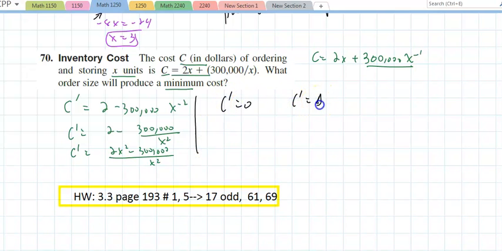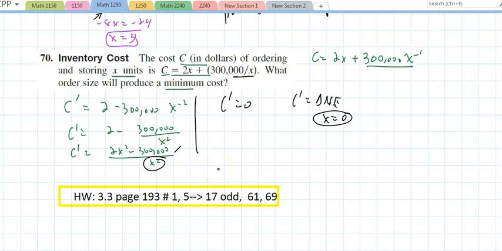Where does C prime not exist? Well, it doesn't exist when x equals 0. That's very easy. Do not order or store any units, and you don't have to pay a penny. But that's not an option, by the way, because it's not in the domain. So it doesn't make sense for you to figure out where to minimize cost and say, you know what, don't buy anything.